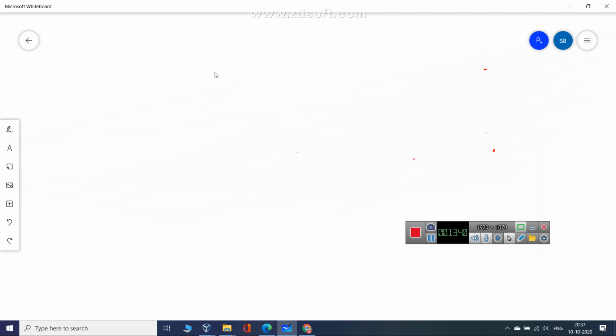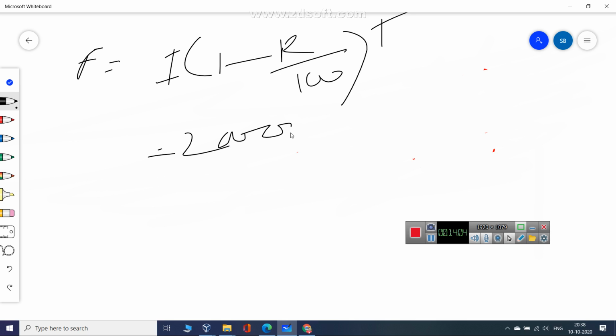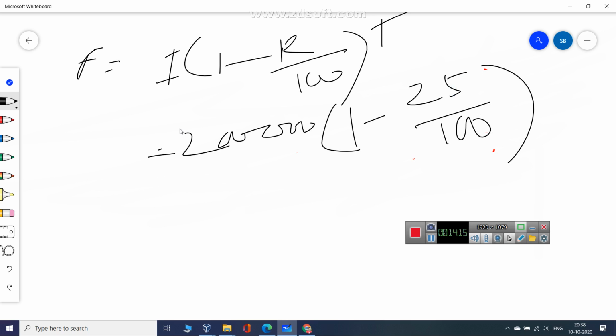Applying the previous formula, F equals I into (1 minus R by 100) to the power T. Here we put 2 lakh into (1 minus 25 by 100) to the power 3.